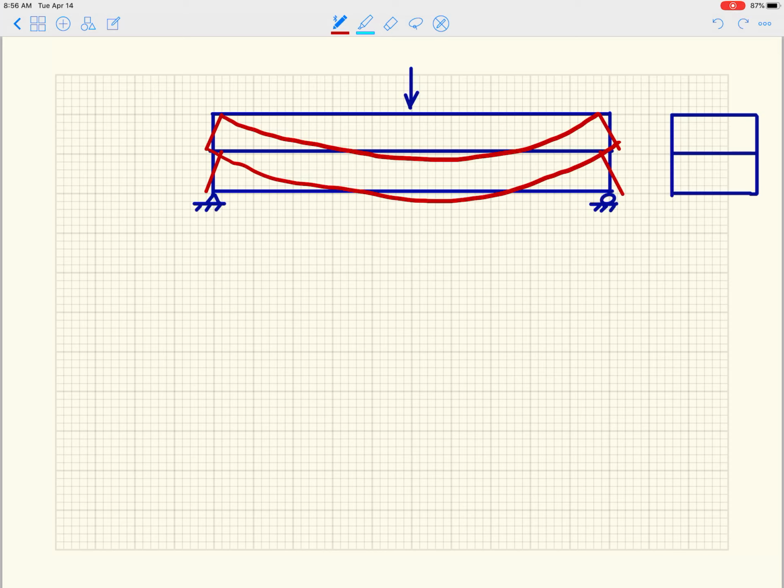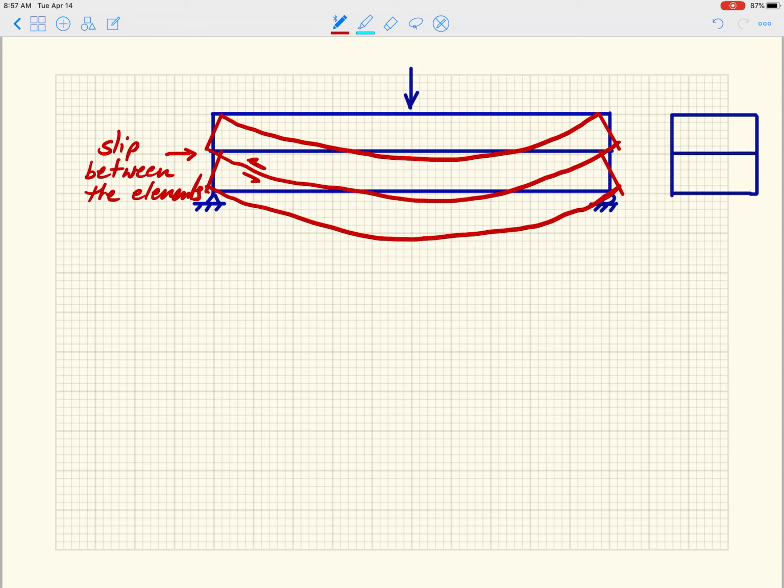I didn't do a very good job there, but you get the idea, right? The point is there is a slip between these elements. So this guy wants to go that way relative to this guy who wants to go that way, right?